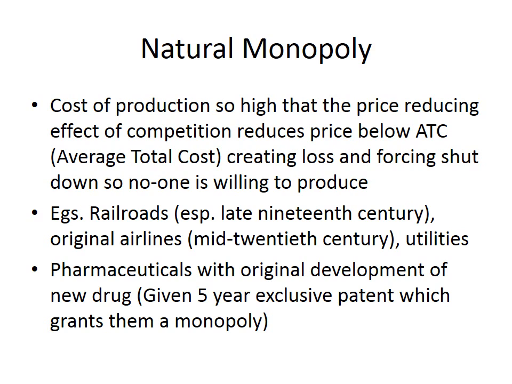As firms enter into the production of something, it pushes the supply curve outward to the right and drops prices. Well, if the price drops below the average total cost, then you're losing money. Okay? So in an industry where the average total cost is so high that any kind of competition is going to force the price below average total cost, you have a natural monopoly. Okay? Railroads, the original airlines, and what I mentioned, pharmaceuticals.